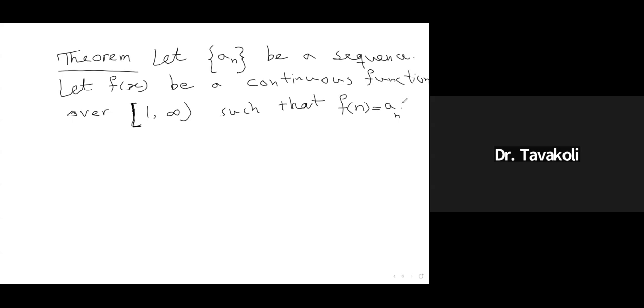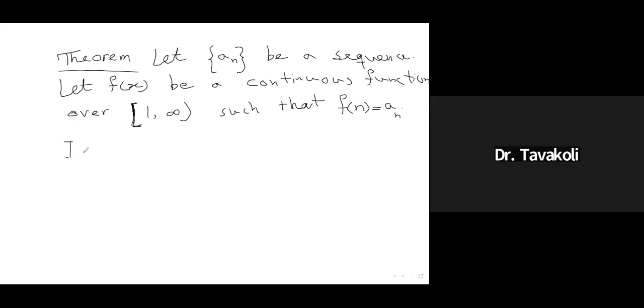But f is also defined at numbers other than integers. In addition to integers, it's also defined on other numbers from 1 up to infinity, and f is continuous. So this is the assumption of this theorem.